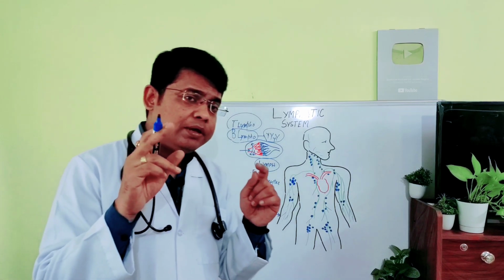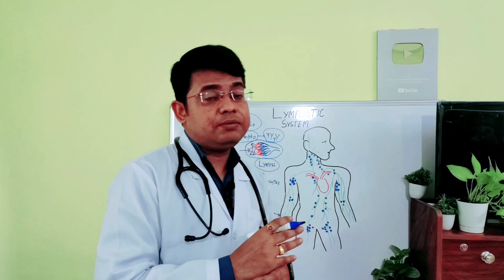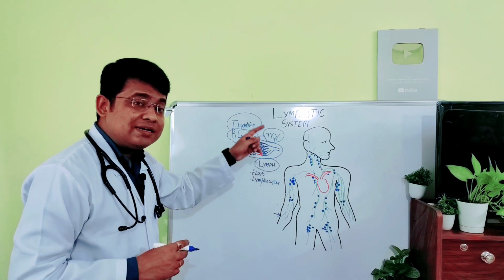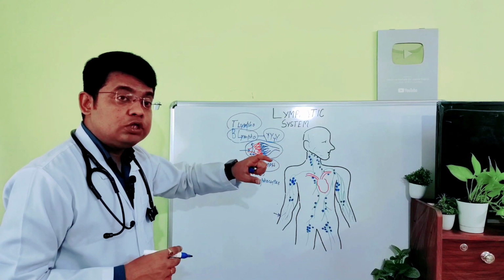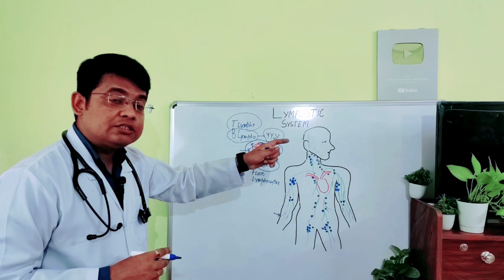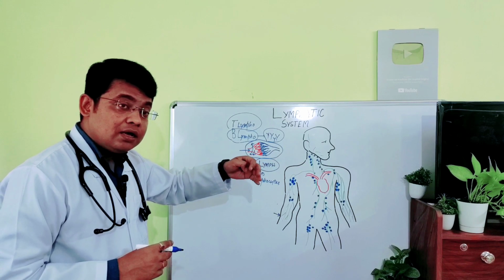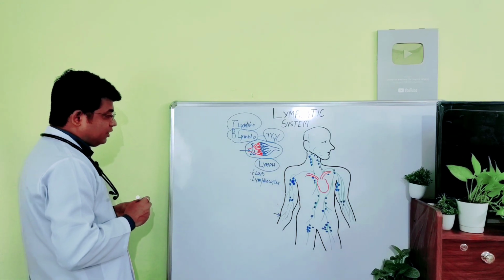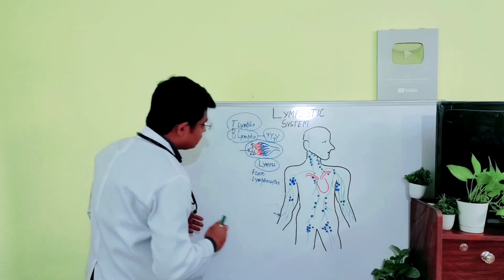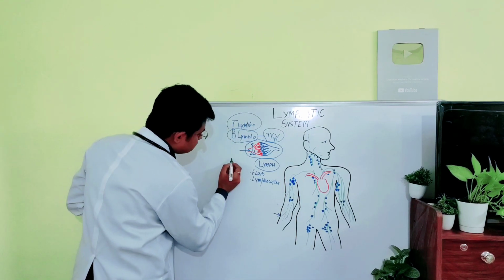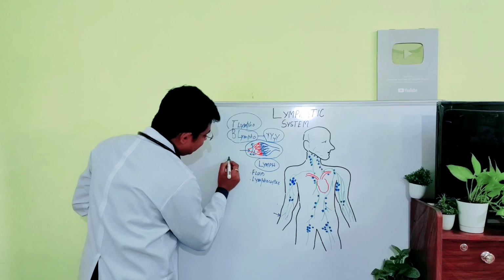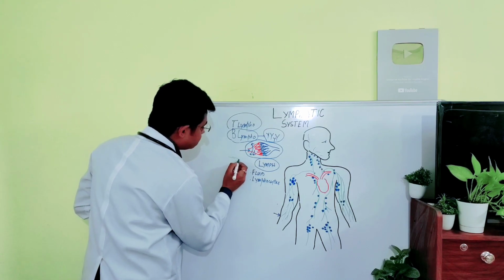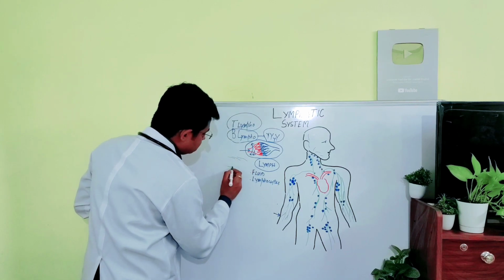Now I'll be covering an interesting point in this lymphatic system. There is an interesting difference between the vasculature, normal arteries or veins, and the lymphatic vessels. What happens in lymphatic vessels? Let's see. So in the periphery, these lymphatic vessels are lined by endothelial cells like that.